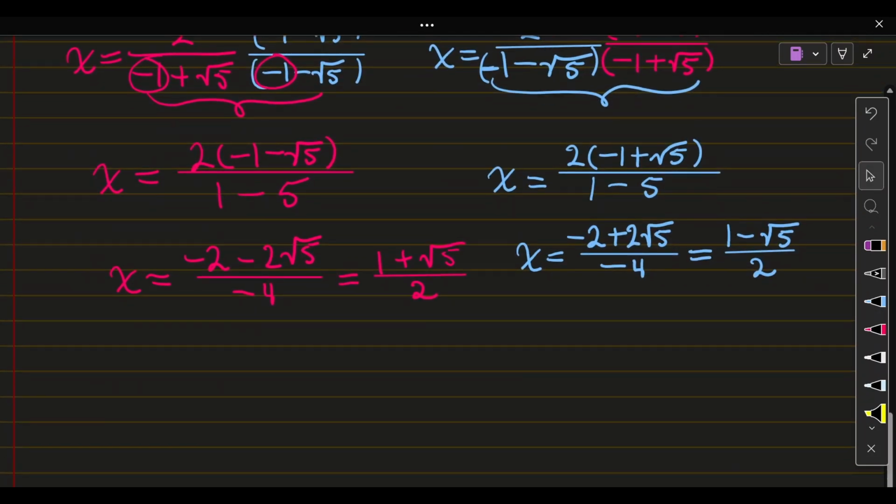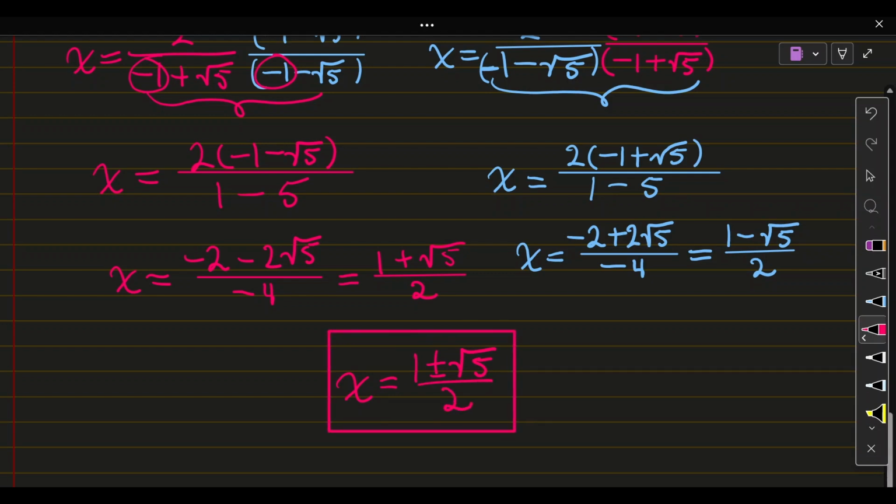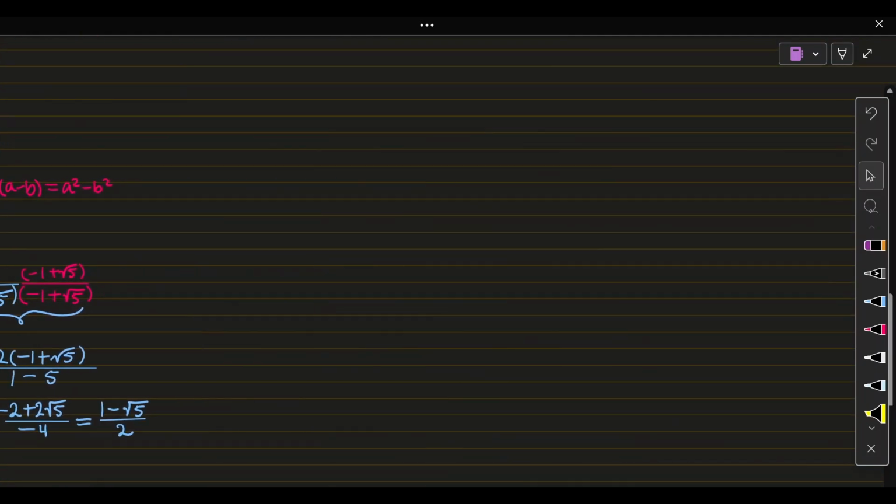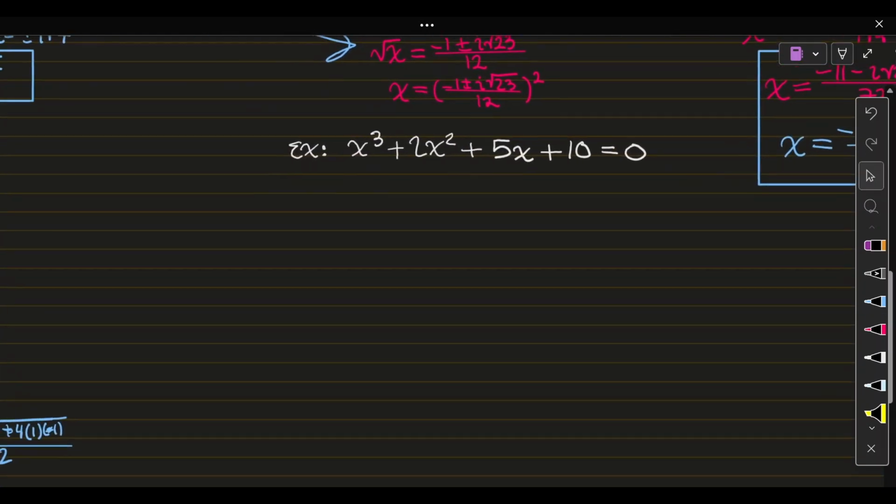So this tells me that my answers are x equals 1 plus or minus the square root of 5 over 2. Cool. Okay. Now moving on, I'm going to show you one that requires a little bit of a different strategy.